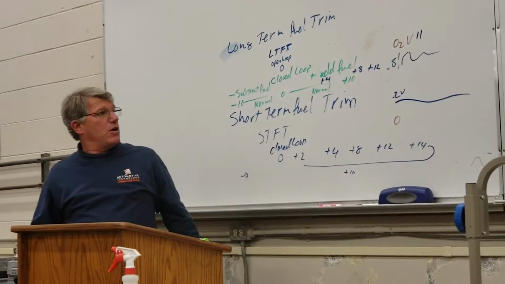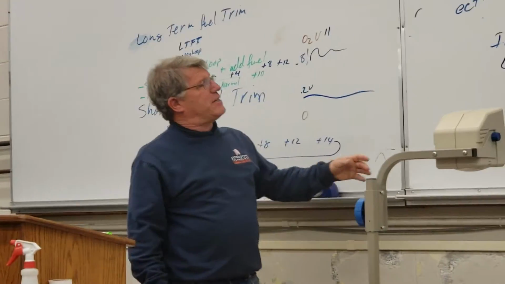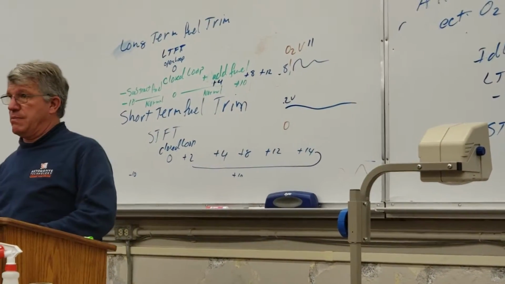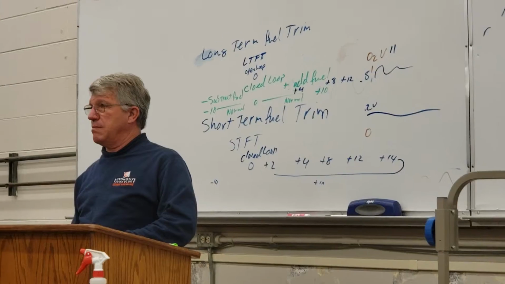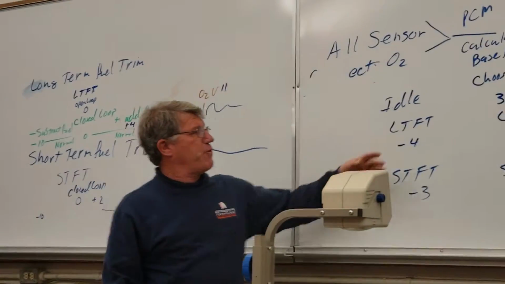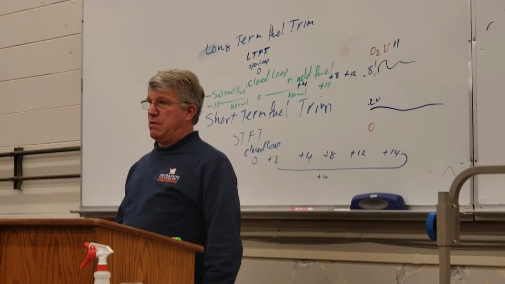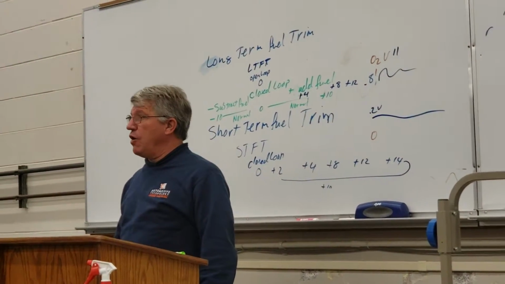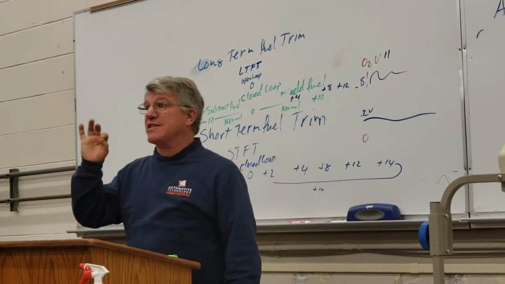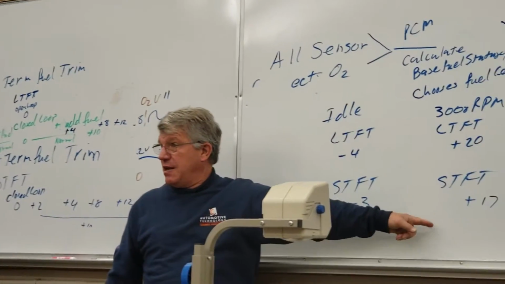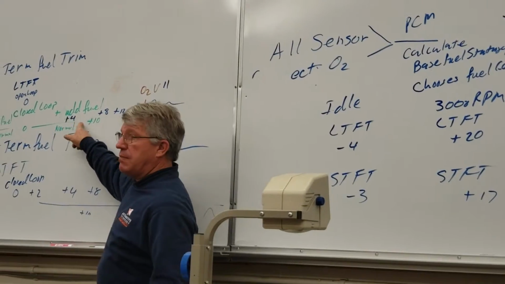Now, did I increase or decrease the load on the engine? Between idle and 3,000 RPMs at 70 miles an hour, I increased the load. The more I increased the load, the more fuel it needed. Add fuel.